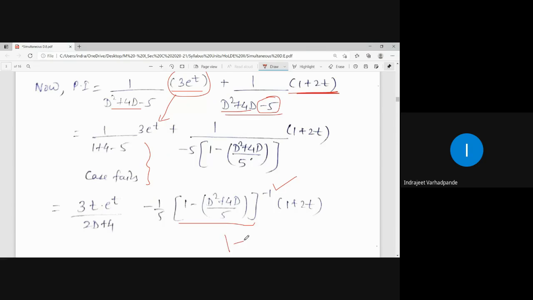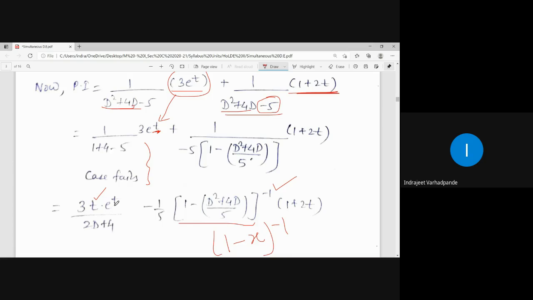So it is of the form (1 − x)^(−1). Right? After case failure, what is to be done? Multiply by x and differentiate the denominator. In place of x, what is the independent variable here? T. So I have multiplied by t and differentiate the denominator: 2D + 4.